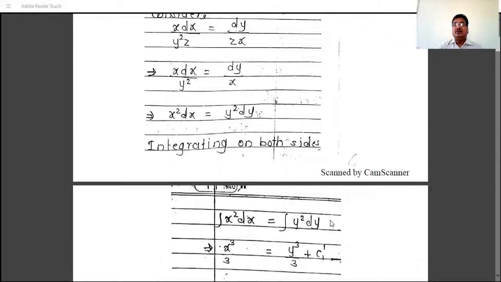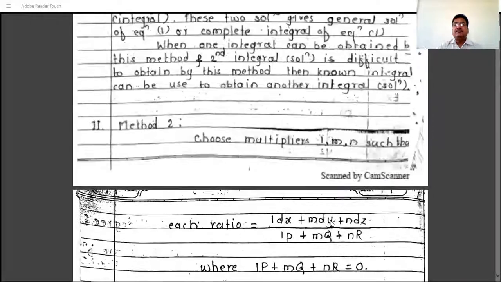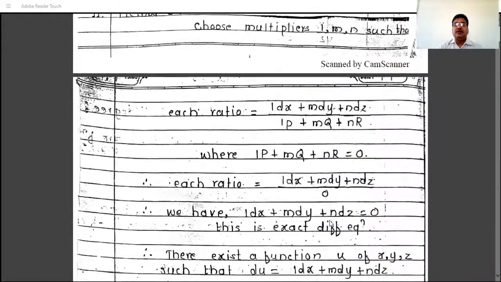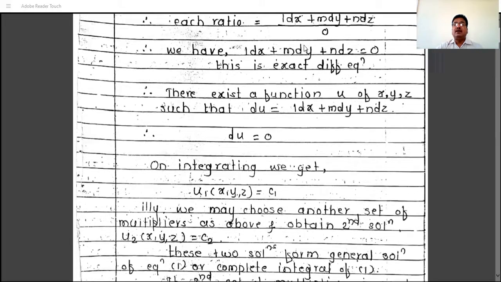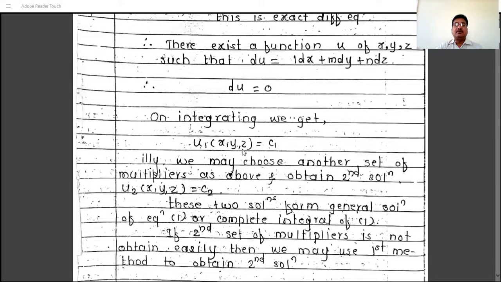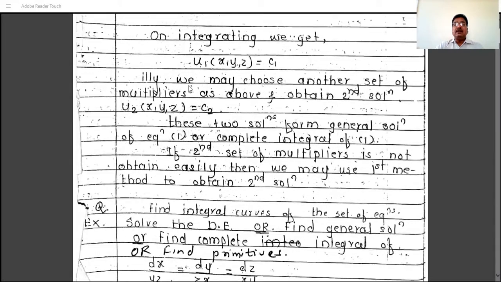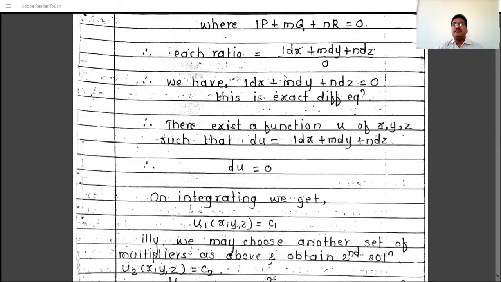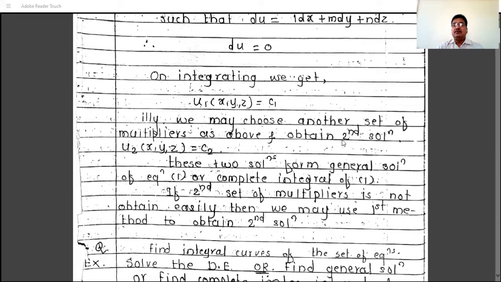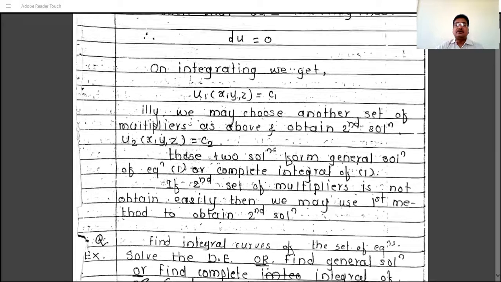So in order to obtain the second solution, the second method is what? Choose multipliers l, m, n such that lP plus mQ plus nR is equal to 0. So similarly here, the second part is what? We may choose another set of multipliers as above, that is, choose multipliers l, m, n such that lP plus mQ plus nR is equal to 0, and the second solution of this, but these two solutions form the general solution.